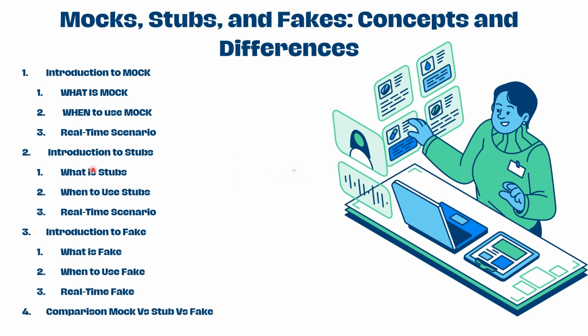And then in a similar way we will understand what a stub is, and when we can use a stub, and then we will simulate a real-time scenario and write some unit test cases using a stub. Then we'll move to fake and understand what a fake is, and when we can use it, and then we will take a real-time scenario for using a fake and write some unit tests using it, right?